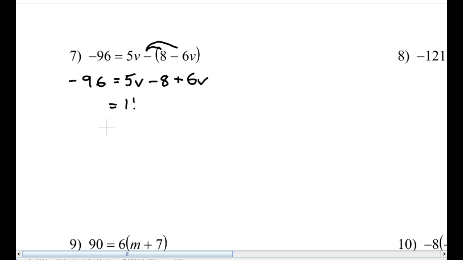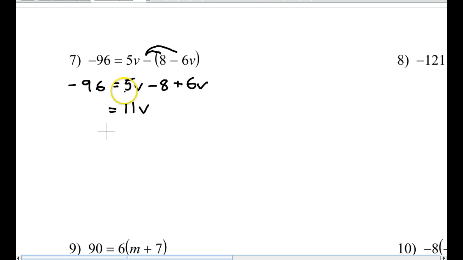Just 5 plus 6, 11. The negative I'm distributing, that's all. The 5 doing nothing. So, yeah, on here, just combine those two.